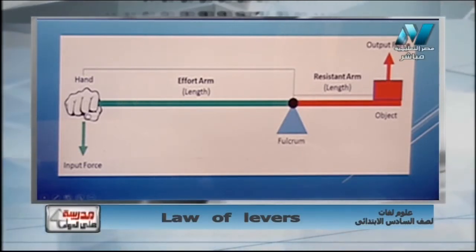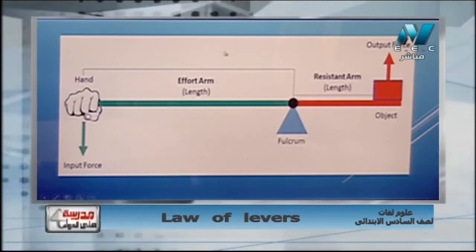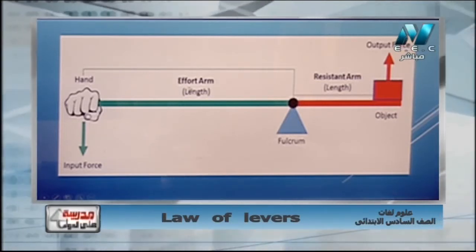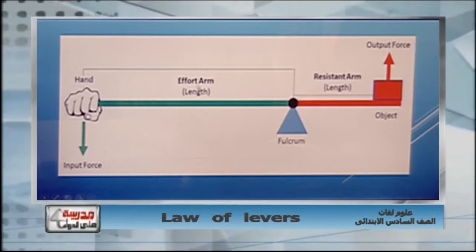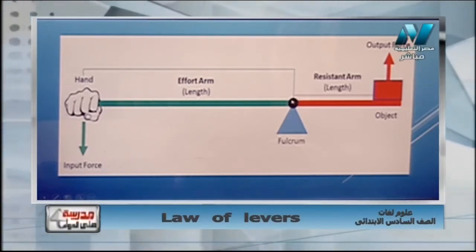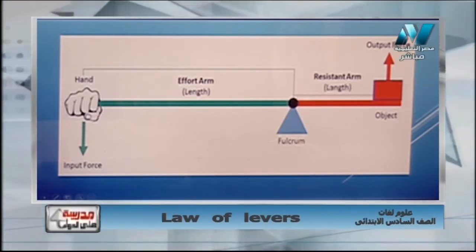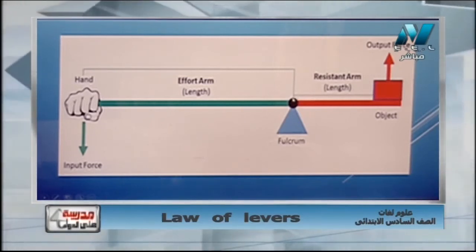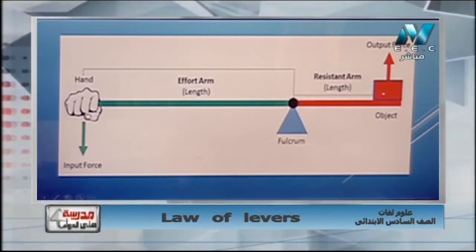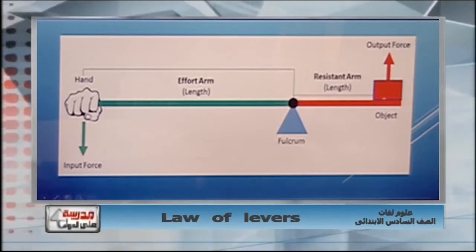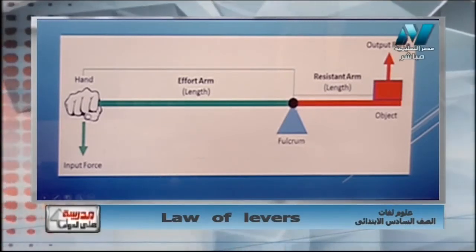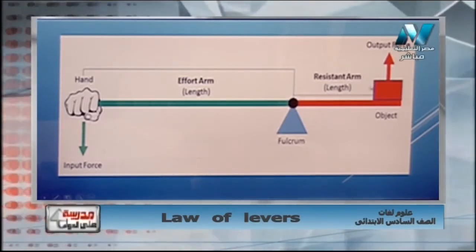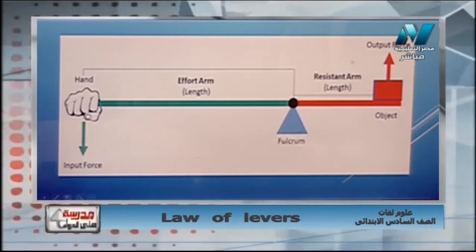This distance is called the effort force arm. On the other side, the distance between the fulcrum and the resistance is called the resistance arm.